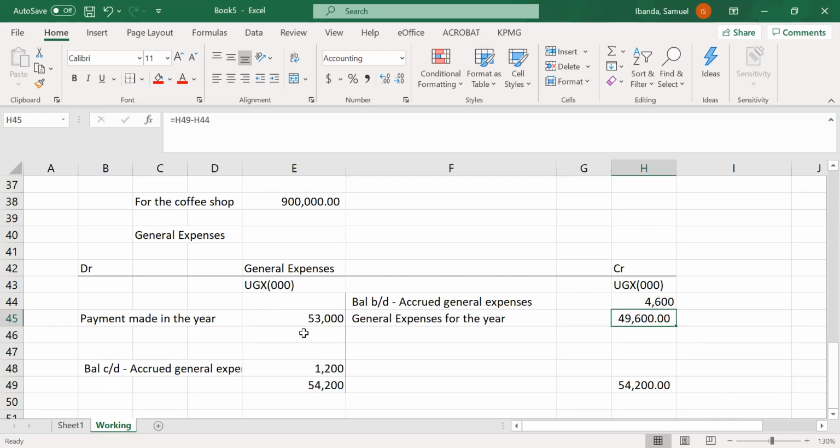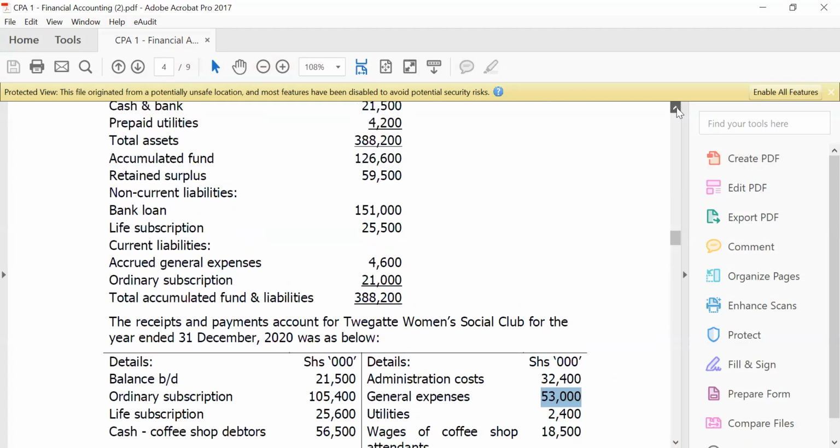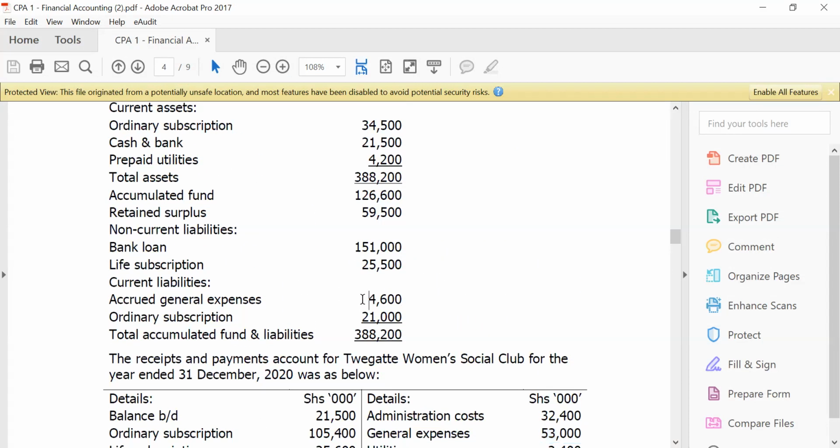Now, this is how we've calculated our general expense, but I just want to borrow your attention a little so that you can appreciate this very well. Again, listen. At the start of the year, you were being demanded for 4,600 in regards to general expenses.